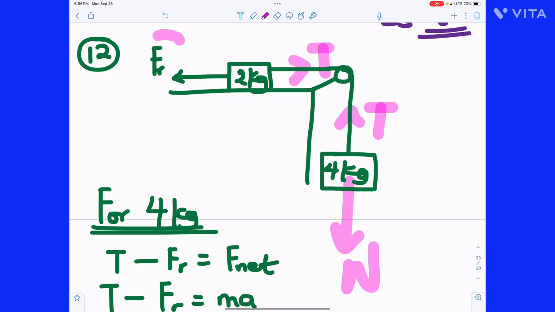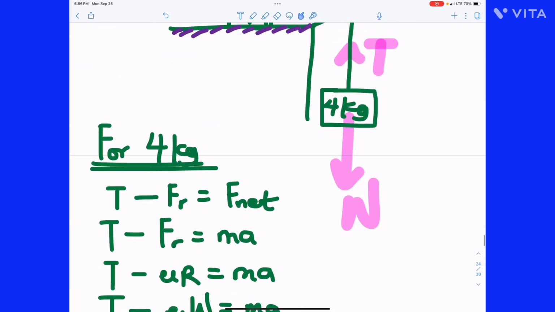The tension in the string overcomes the frictional force acting backwards on this rough surface. This is a rough surface. So let's take the 2 kg mass first. I think I made a mistake here. This is meant to be 2 kg.